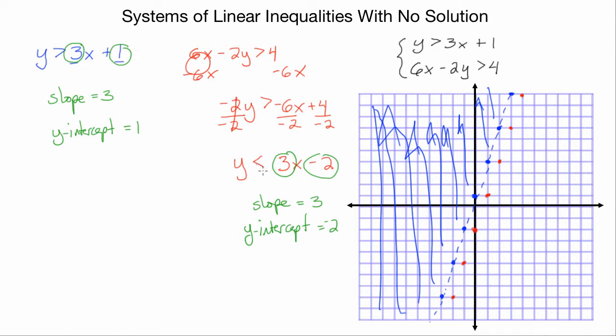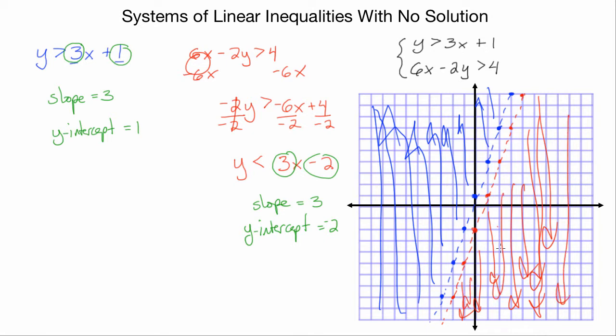This one is a less than, so again it's a dashed line, because it's not equal to. I'm going to make little dashes representing my boundary line for the inequality. And it's all the y values less than that, so less than means I go down. So the solution set to this inequality, the red one, are all these points over here.